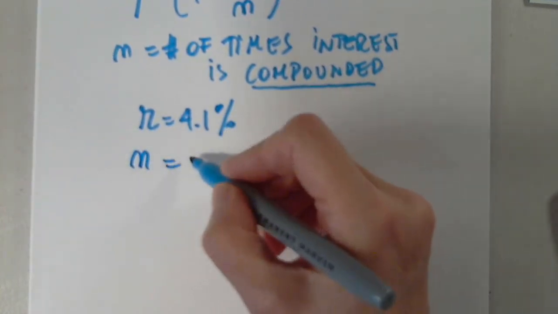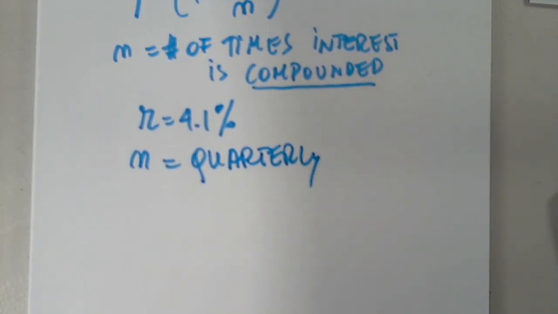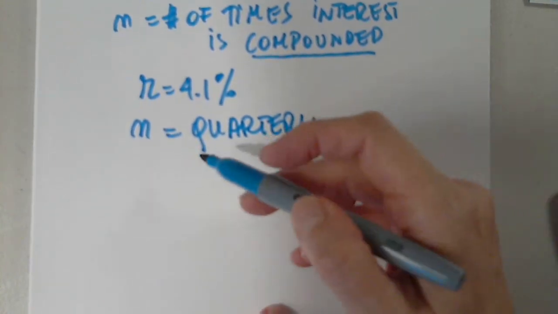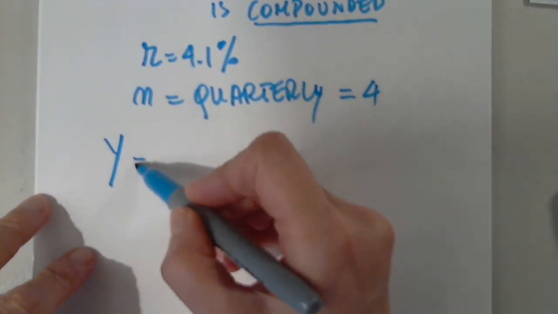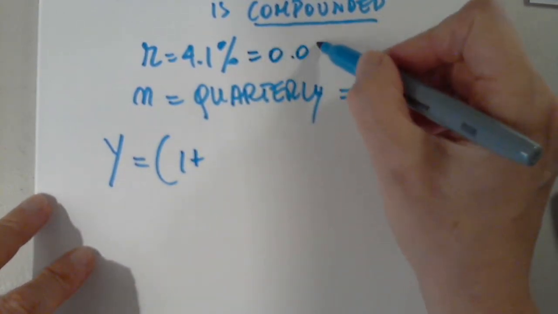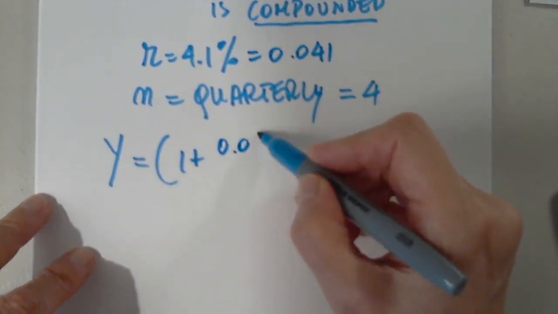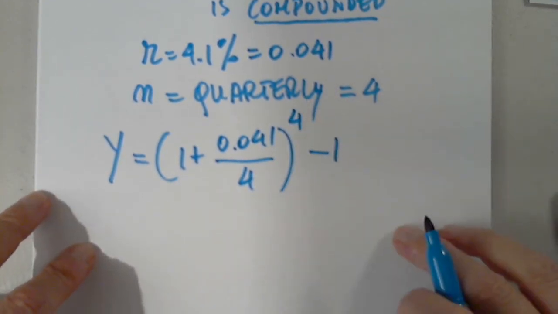So n is quarterly. What does that mean? How many quarters are in the year? Very good. So all you have to do is 1 plus, of course this has to be changed into 0.041, 0.041 divided by 4 raised to the 4th power minus 1.